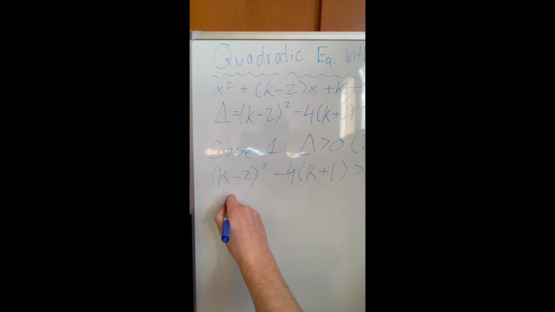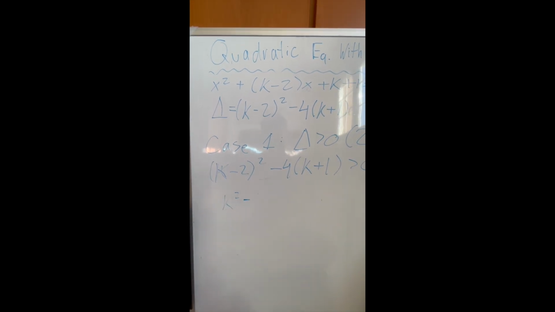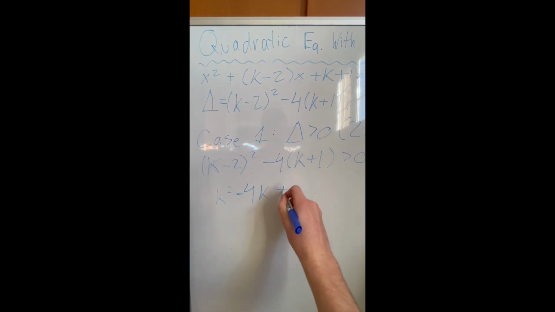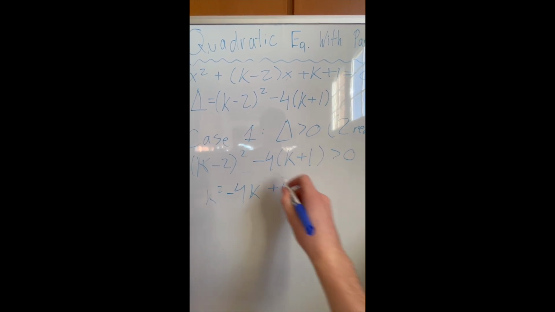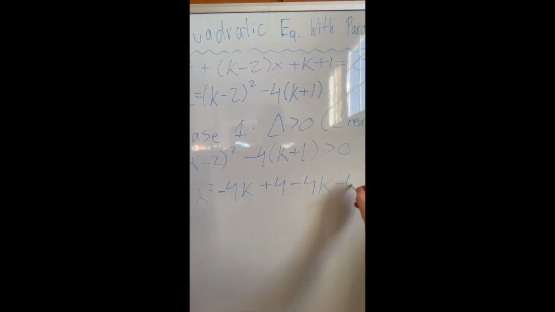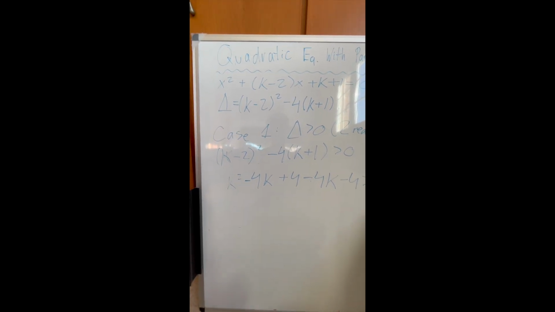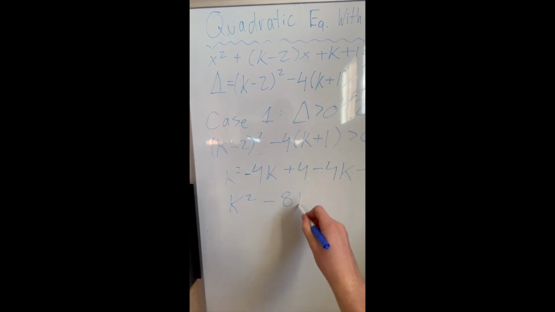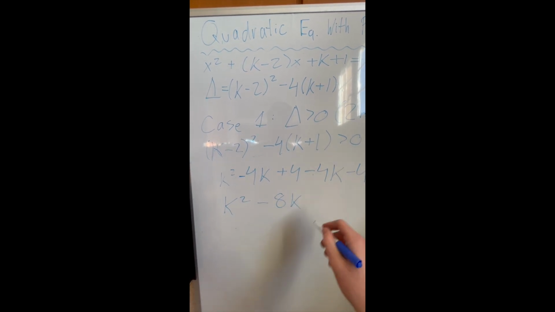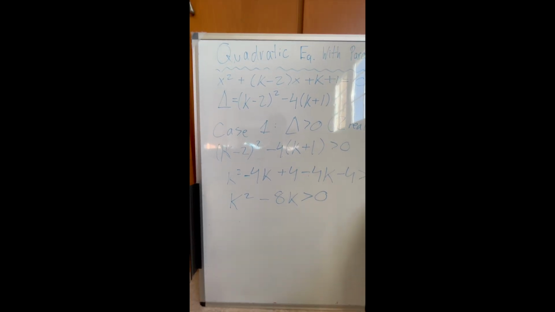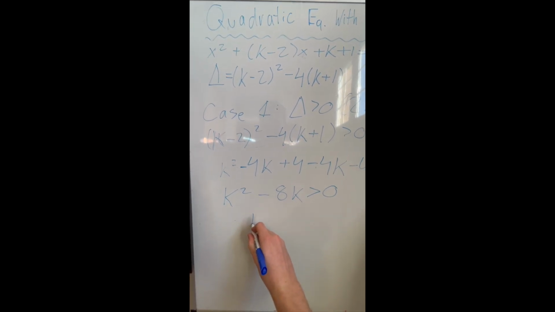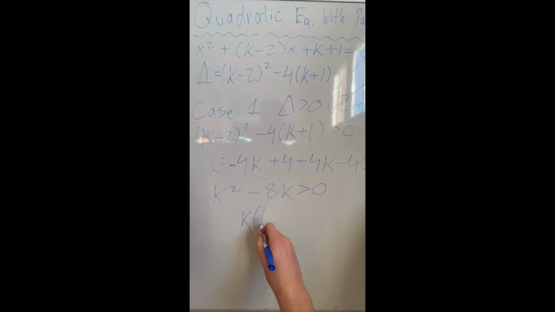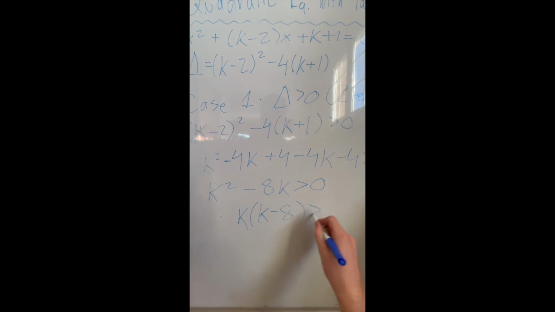Now let's simplify this. k squared minus 2 times k times 2, plus 4, minus 4k minus 4 is bigger than 0. k squared minus 4k minus 4k, that is minus 8k, plus 4 minus 4, which is 0, is bigger than 0. And now we simply find that we can factorize and say k times (k minus 8) is bigger than 0.